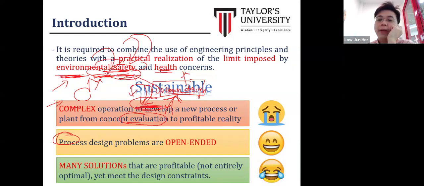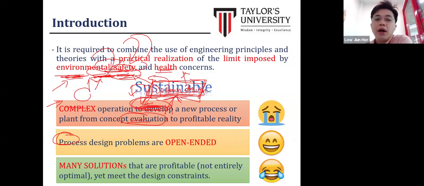Even though the option is optimum, if we proceed with it, we cannot meet the criteria, consideration, or even requirement given by our stakeholder. So in that case, no choice, we need to give up the optimum element and proceed with another selection to make sure it can fulfill the criteria or factors given.